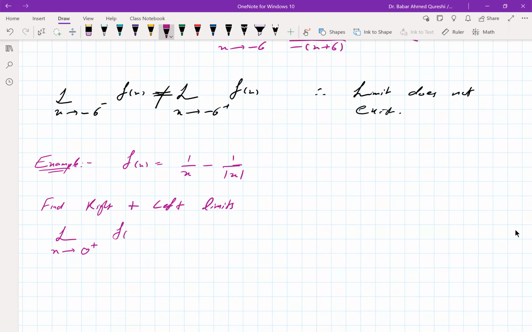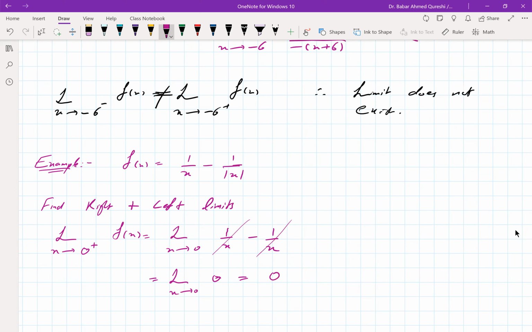Then I have, now x is never equal to 0. So these two factors are same. So they cancel to give you a 0. And the limit of a constant is just that constant.